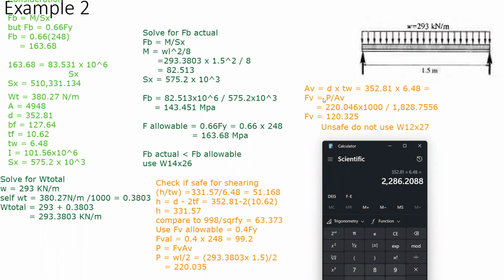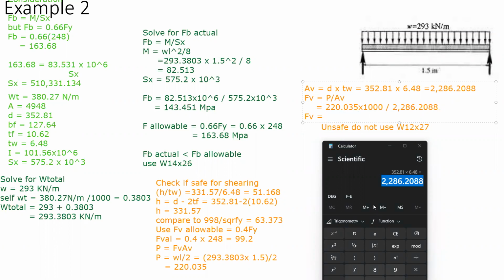Ayan. And this is our new AV. So this would be 220.035 times 1,000 divided by our new AV, 2286.2208.